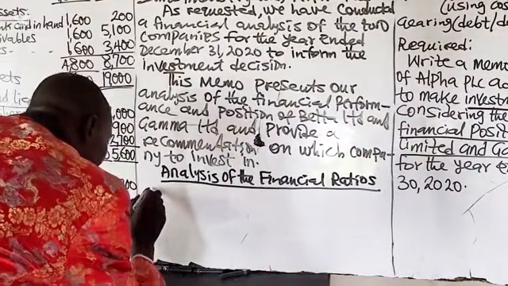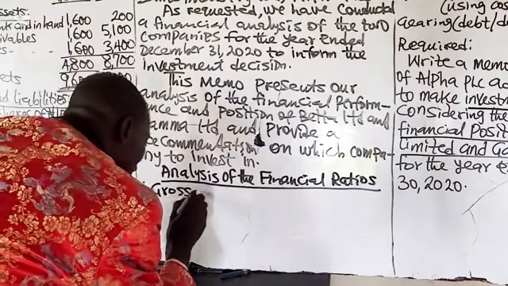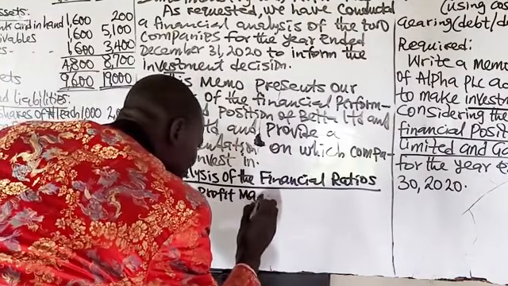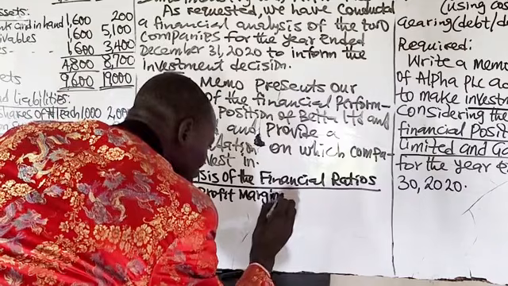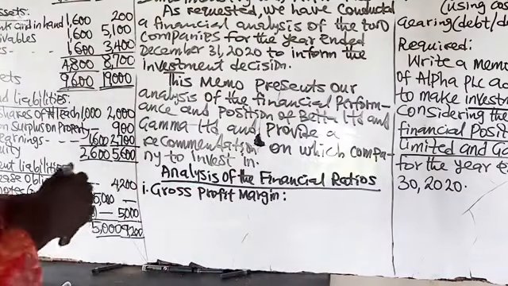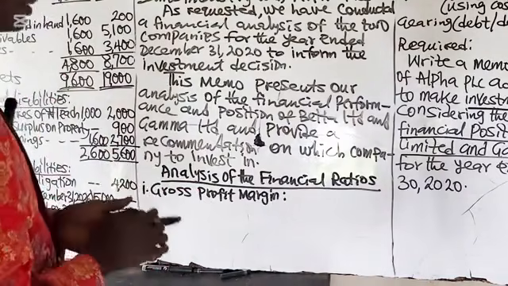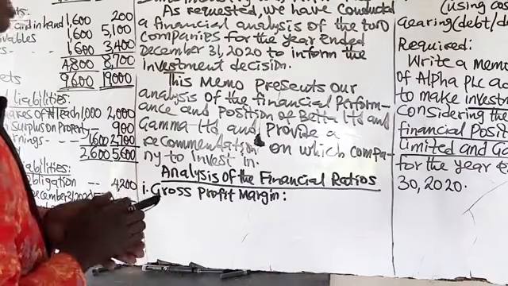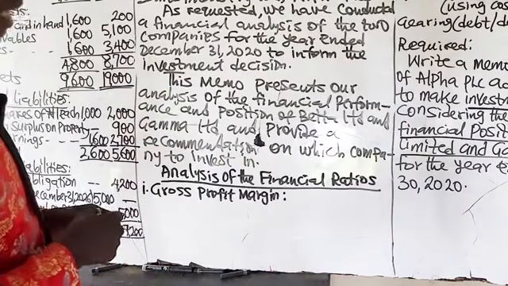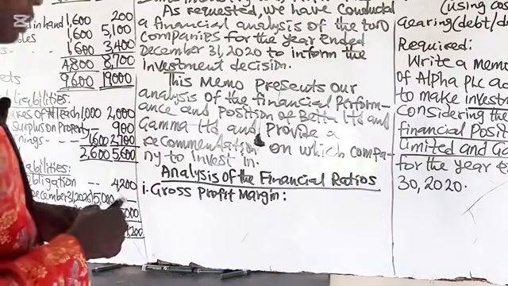So gross profit margin. Since the gross profit margin of Bethel Limited is 24%, and that of Gamma Limited is 18.0%, that shows that Bethel Limited's gross profit margin is higher than that of Gamma Limited.